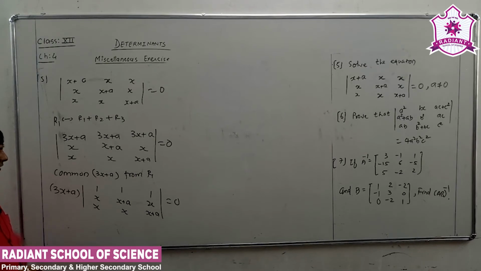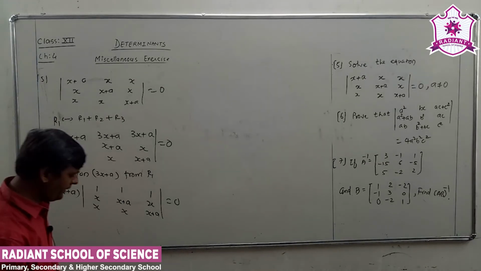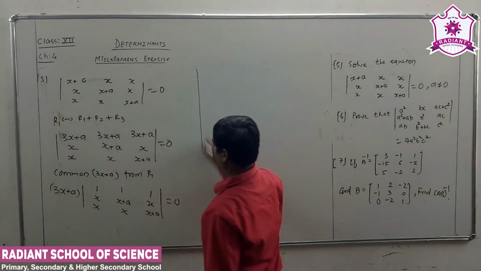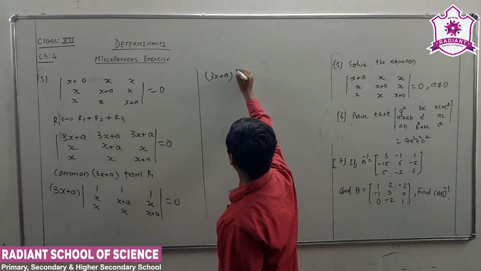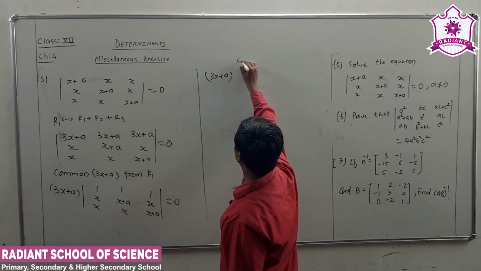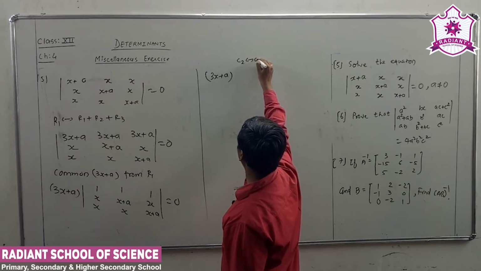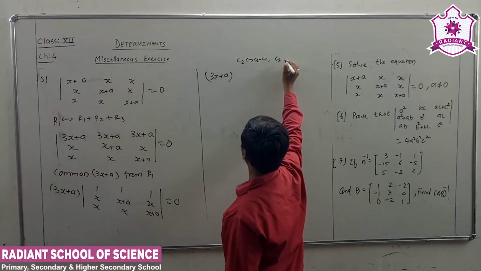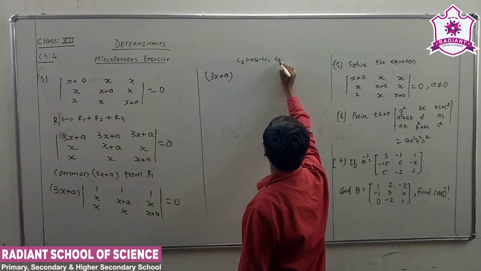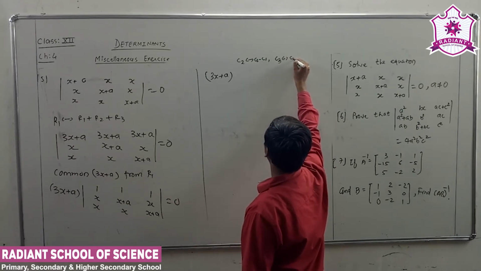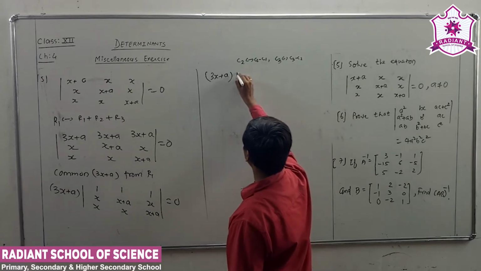Okay, so here, suppose for this, यहाँ पे slightly change up. So 3x plus a, into the procedure in c2 कर दे c2 minus c1, and c2 यहाँ पे हमने 1 कर दिया, and c3 into procedure c3 minus c2.